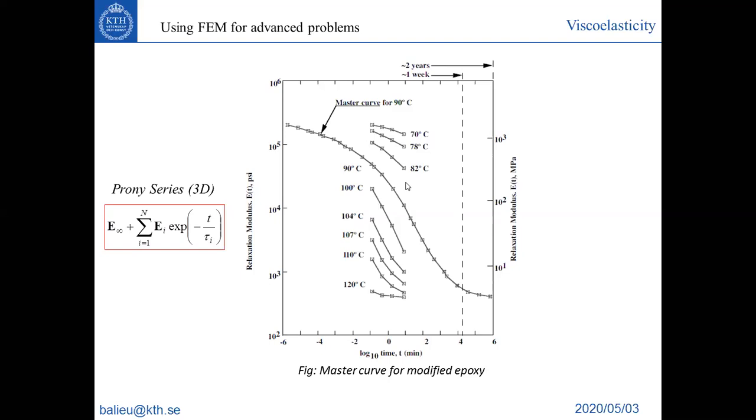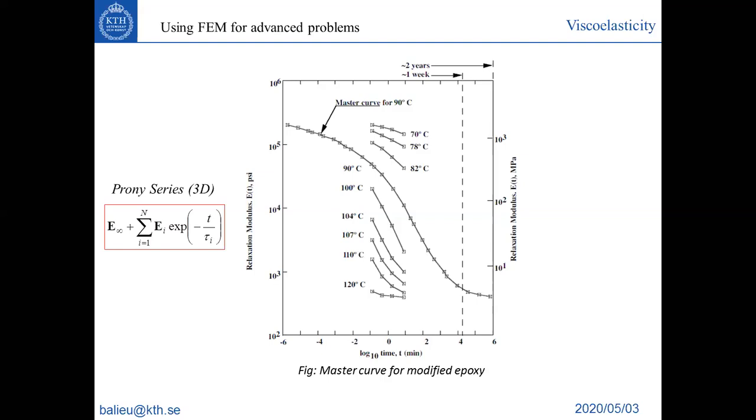By performing experiments only on this time range here, and by using this time temperature superposition principle, we are able to characterize the behavior from very close to the instantaneous to a very long term. So this was the purpose of plotting a master curve.